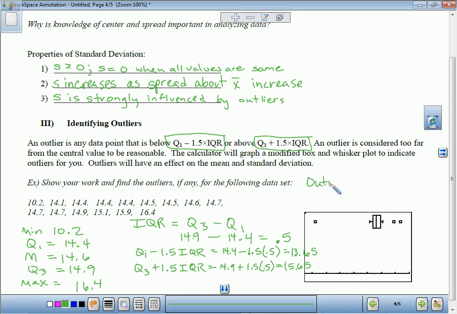Anything that lies outside this range, if it lies outside these two values, either less than this or greater than that, it's considered an outlier. Those outliers for this particular problem are defined as 10.2, 15.9, and 16.4. If we graph the 5-number summary on our calculator, look what it does. This value is an outlier. This value is an outlier. This value is an outlier.